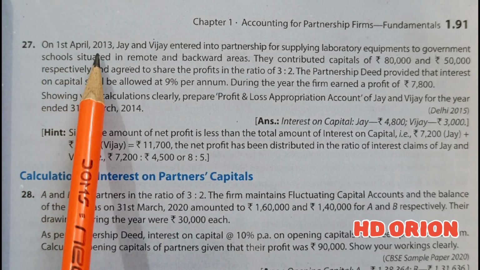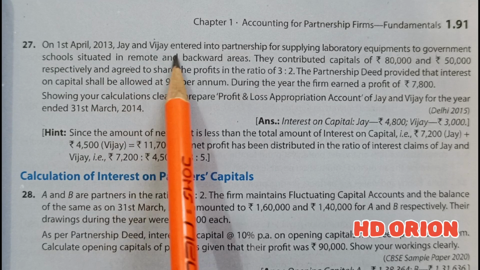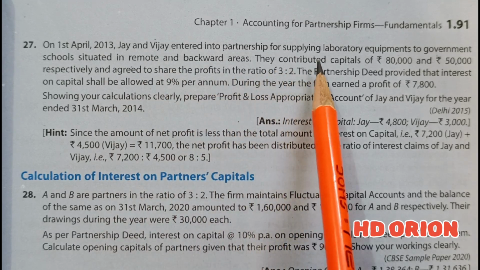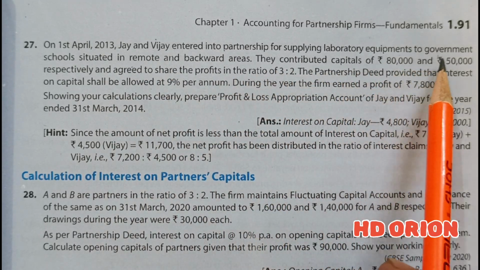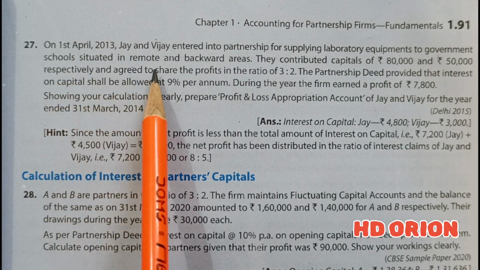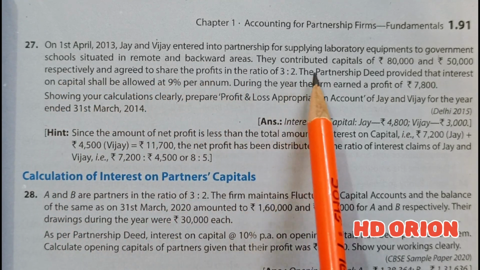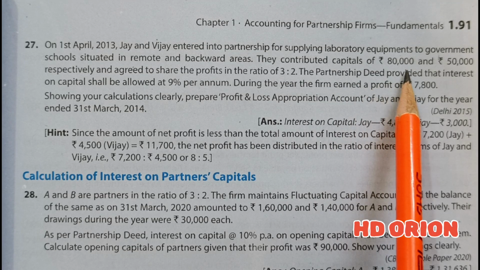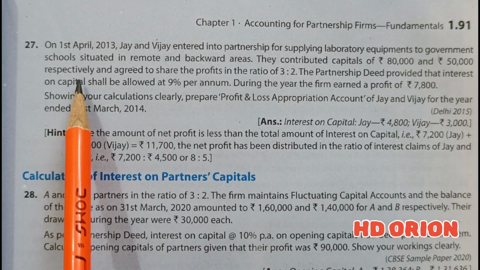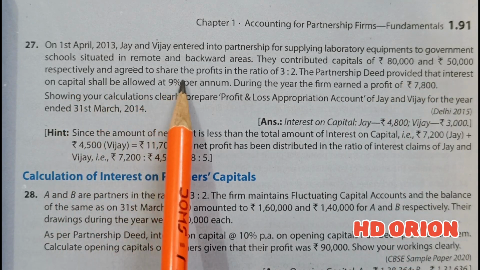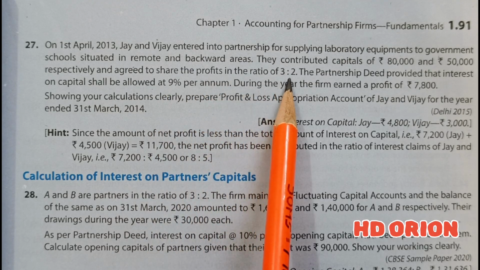On 1st April 2013, Jay and Vijay entered into partnership for supplying laboratory equipments to government schools situated in remote and backward areas. They contributed capitals of rupees 80,000 and rupees 50,000 respectively, and agreed to share the profits in the ratio of 3:2.